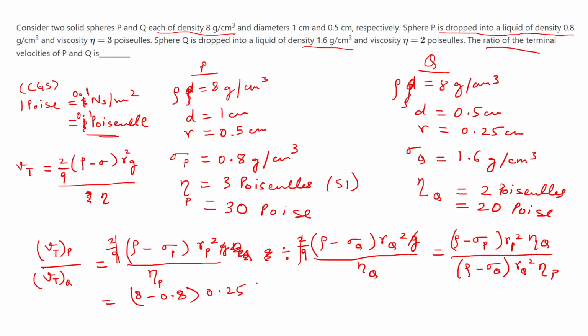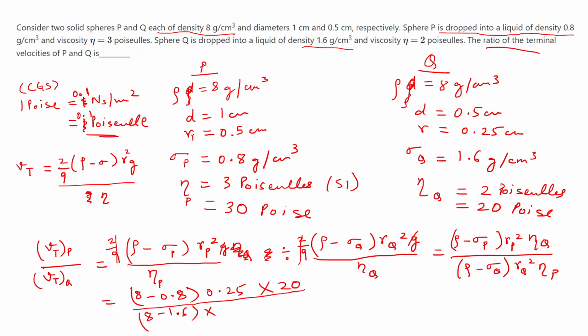0.25, and eta q means 20 divided by this 8 minus 1.6, 8 minus 1.6 times what is the radius here? Oh, I should have written it.